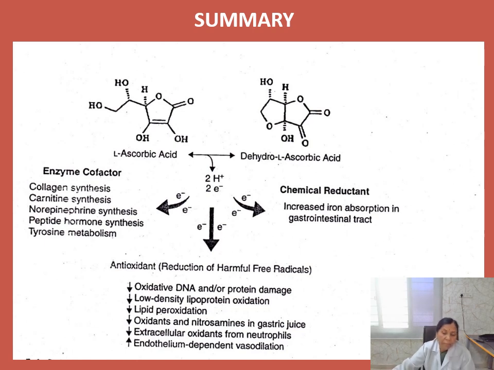Reduction of harmful free radicals is done with the help of vitamin C. It reduces oxidative DNA and protein damage, low density lipoprotein oxidation, lipid peroxidation, oxidants and nitrosamines in gastric juice, extracellular oxidants from neutrophils, and increases endothelium dependent vasodilation.